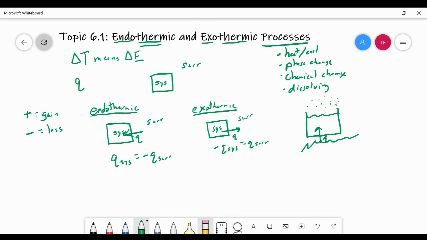So as steam turns back into a liquid, condensation is an exothermic process. Again, think about what's going on with the molecules in phase changes, and that will help you think about whether something's endothermic or exothermic. If molecules are speeding up or bonds are being broken, then that means it's endothermic. If bonds are being formed or if molecules are slowing down, that's an exothermic process.